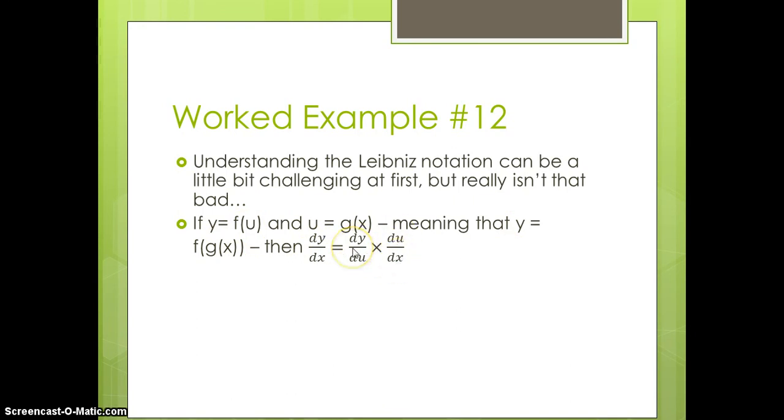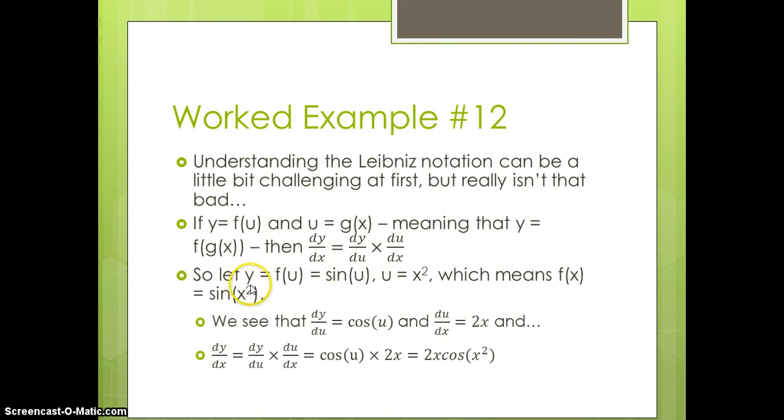Now the reason for this is a little more formal than we're going to get into, but one of the things that you can notice here is that the du is a go-between, all right? It's not necessarily that the du's cancel out, but they balance each other out. So that when you look at the one in the numerator and the one in the denominator, all you're left with when you match the two of them up is a dy dx.